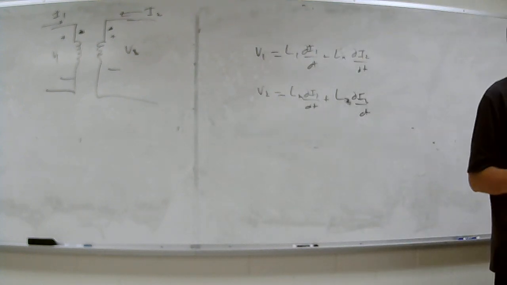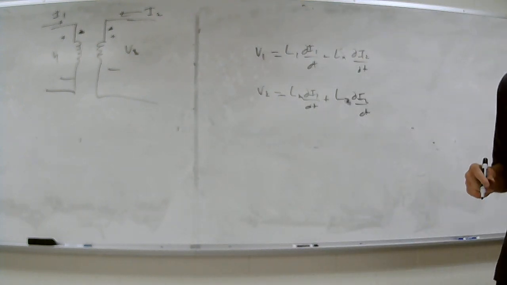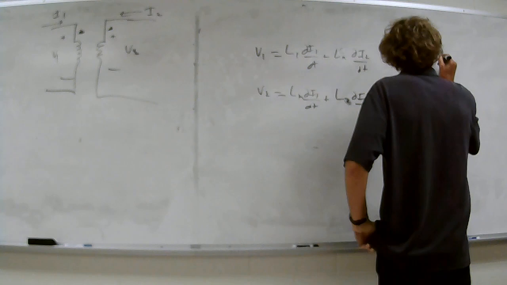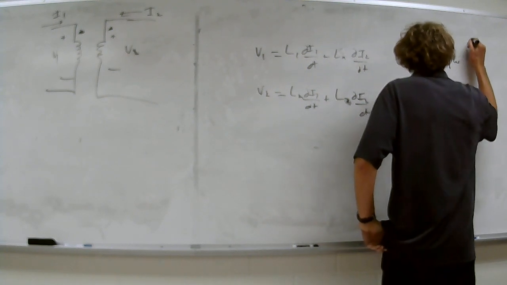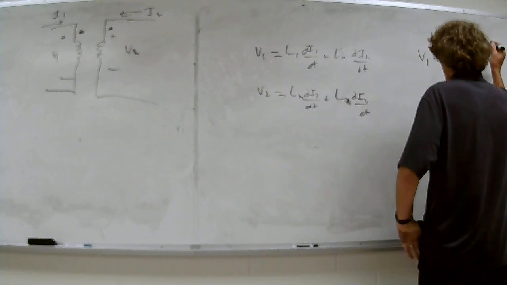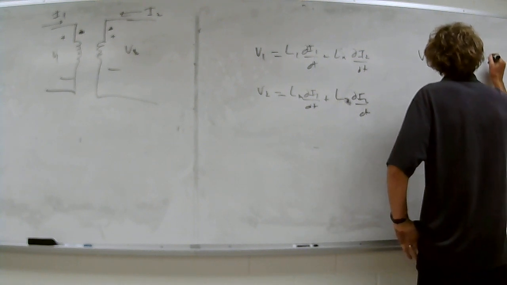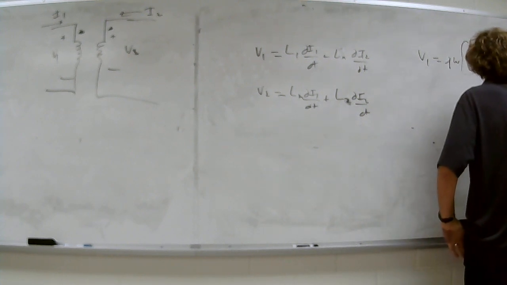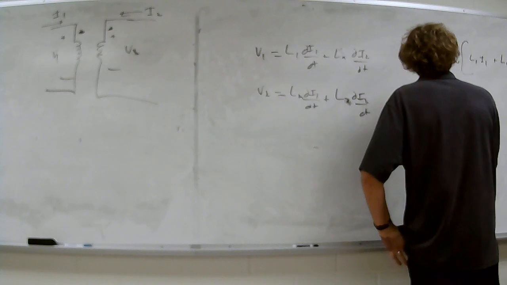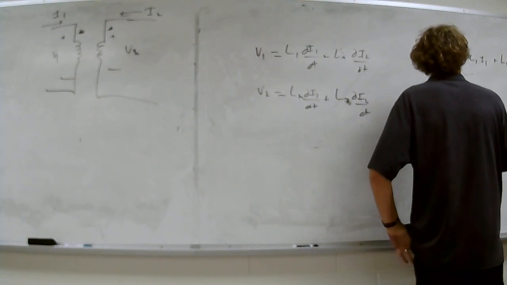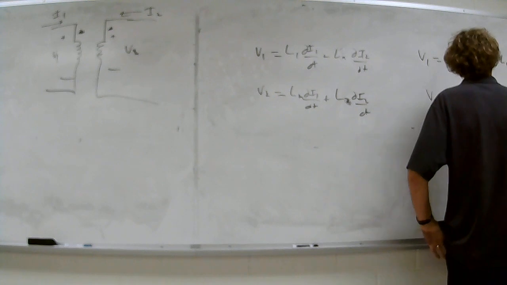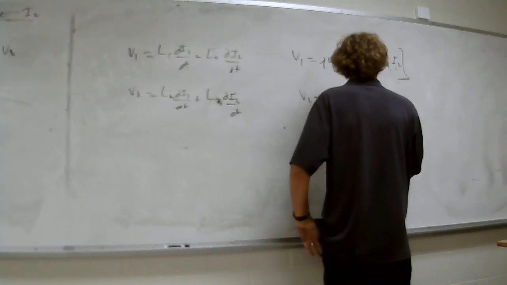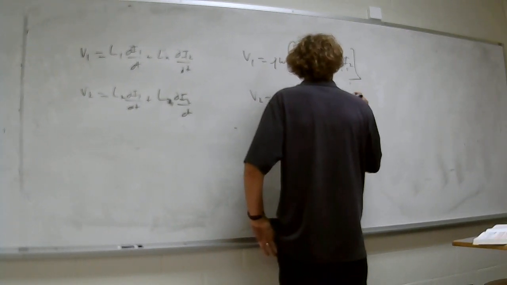Now usually, the time derivatives just become j omegas. All right? So you get V1 is equal to j omega, and then the first one is going to be L1 I1 plus Lm I2, because j omega is there, and you'll get V2 equals j omega, and it's going to be mutual Lm here times I1 plus L2 I2.